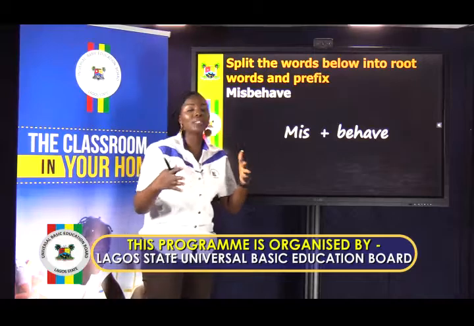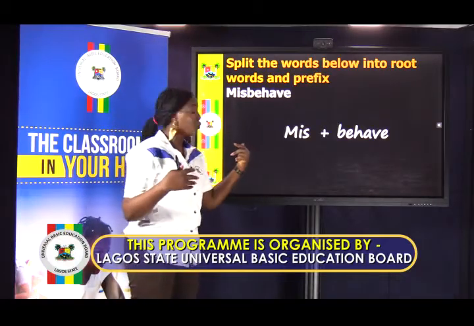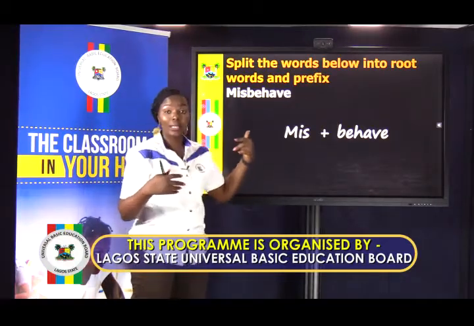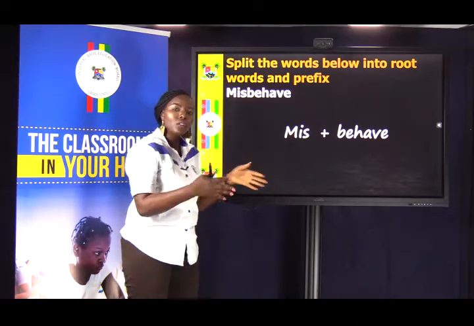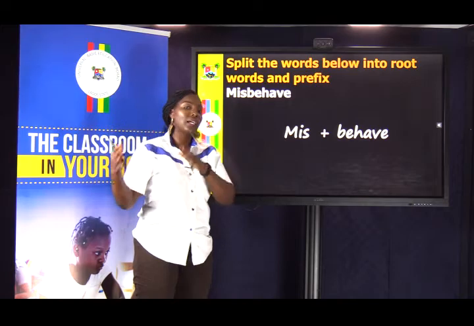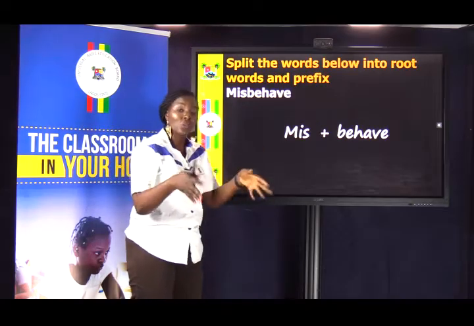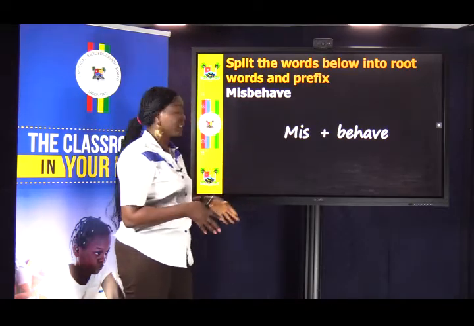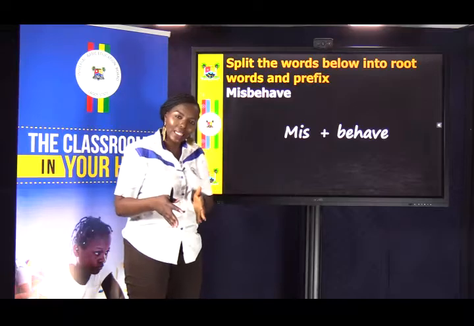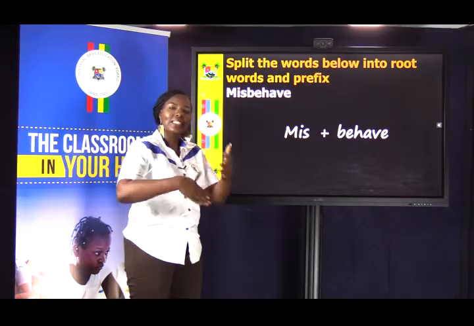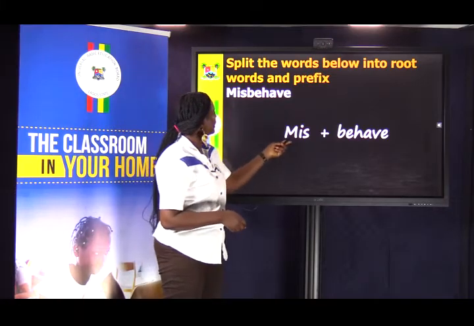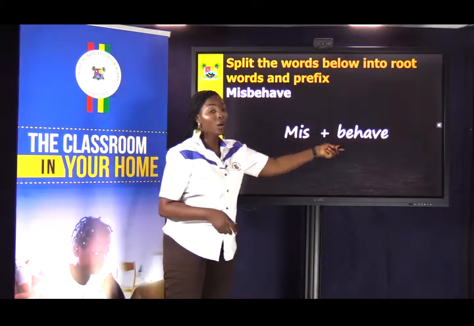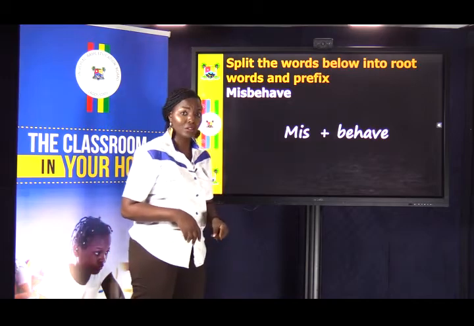You recall I gave some examples while talking about root words and prefixes, that we have some words that can fall under prefix, some under suffix, and of course we have the root word, the word itself. But when a prefix comes in, it changes the definition or the meaning of the word totally. So the prefix is mis and the root word is behave. Did you get that correctly?